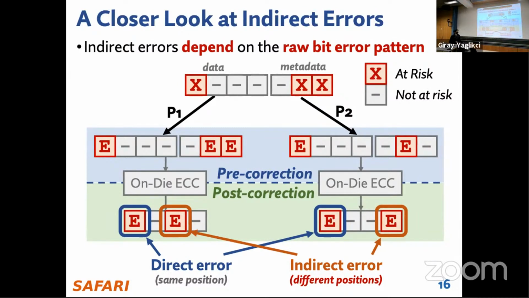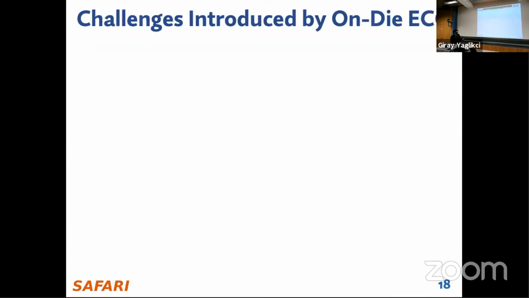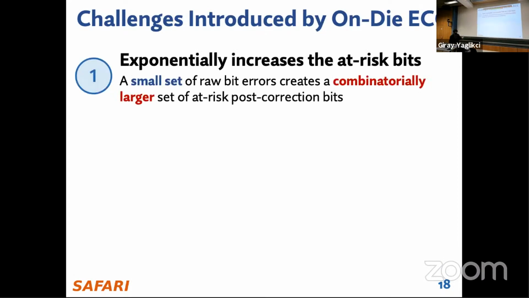Okay, perfect. So essentially, this statistical dependence is a big problem, and I'm going to talk about that a little more. Because of this dependence, we identified 3 different challenges that on-die ECC is causing here. First, on-die ECC exponentially increases the number of at-risk bits that the profiler needs to identify. This is because even a small set of at-risk bits can create a combinatorially larger set of post-correction at-risk bits.